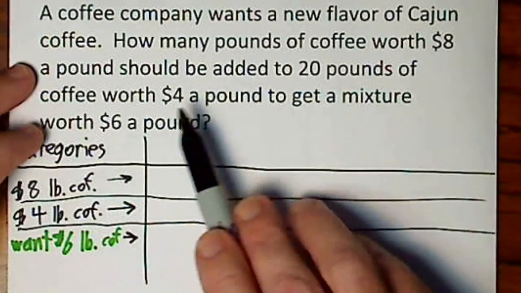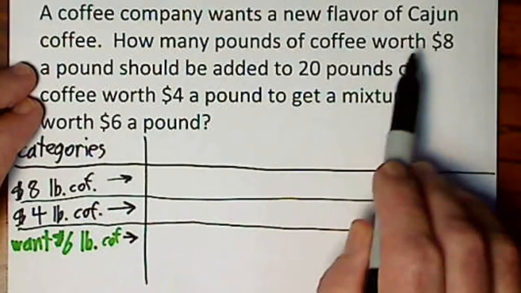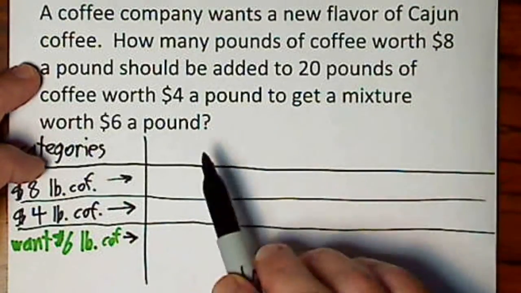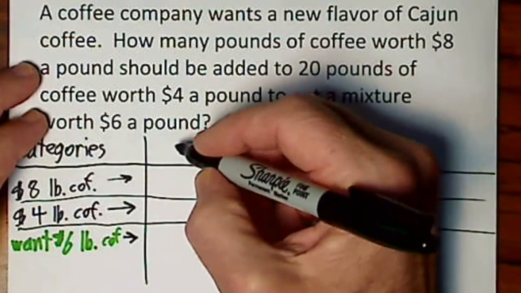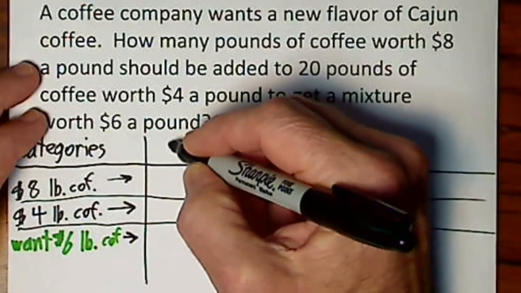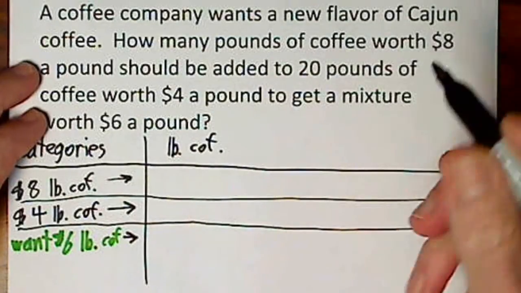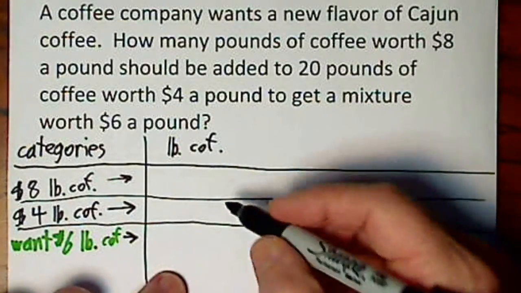We have 20 pounds of coffee worth 4 a pound. Some number of pounds of $8 coffee is going to be added. So pounds seem rather important, so let's put pounds coffee here. And the $4 a pound, we have 20.